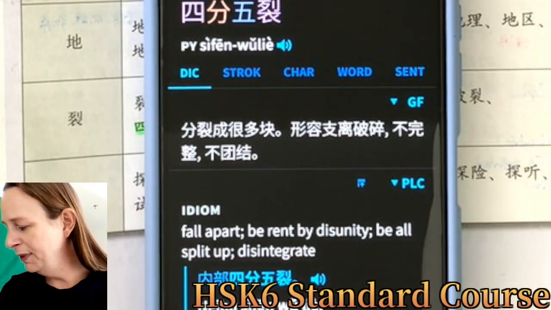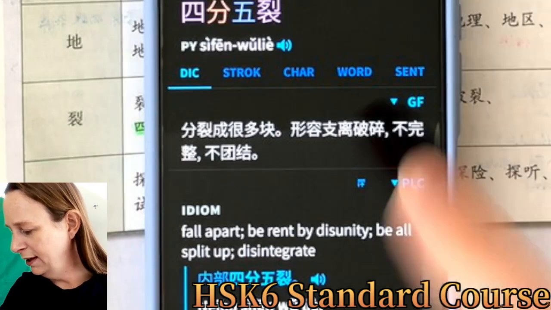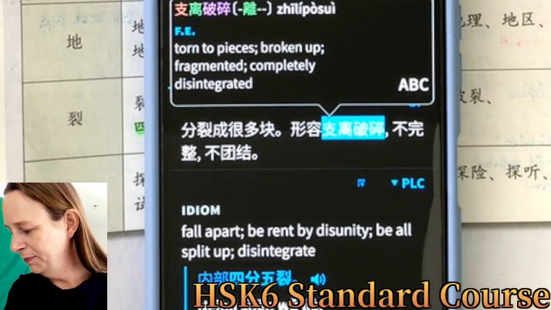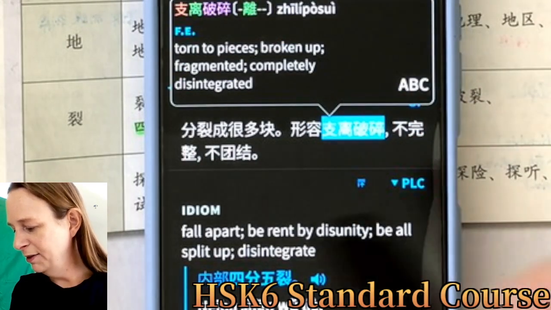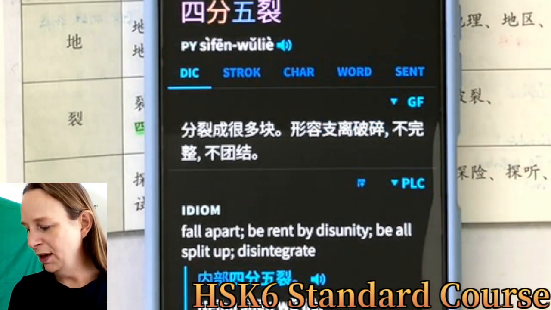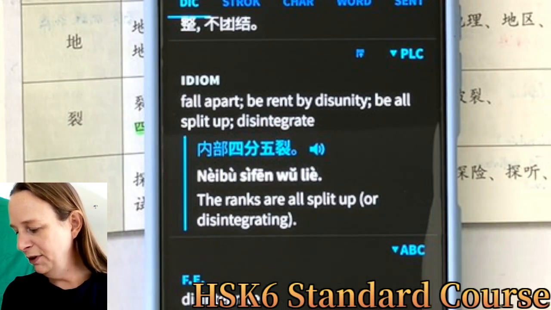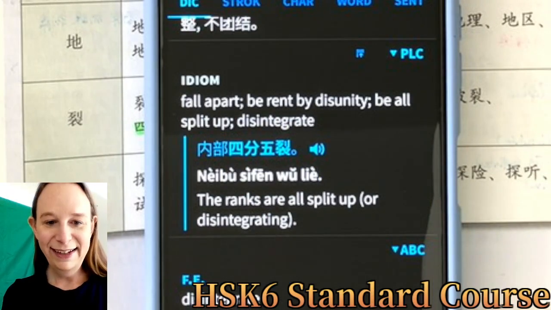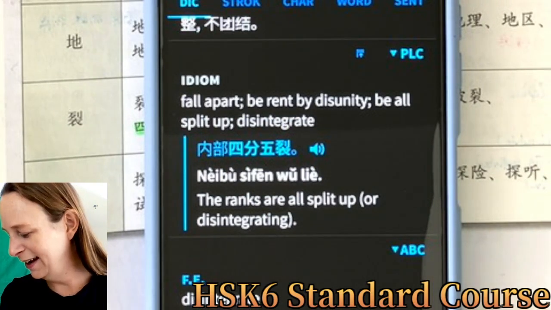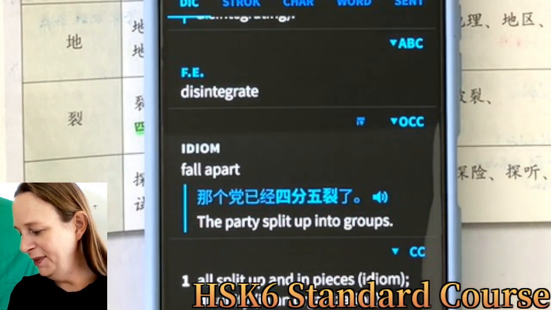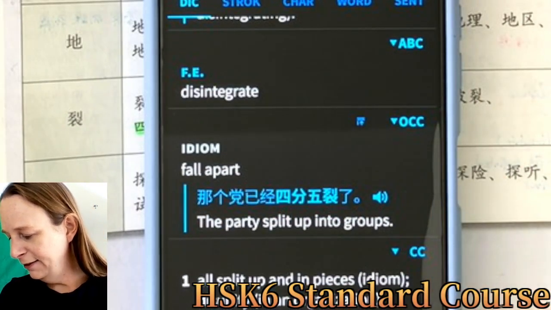That's the emphasis. 形容支离破碎, what is this? 支离破碎, torn to pieces, completely disintegrated. So it's 不完整不团结内部四分五裂. Okay, actually that's an interesting one. I like this Chinese. 那个党已经四分五裂.